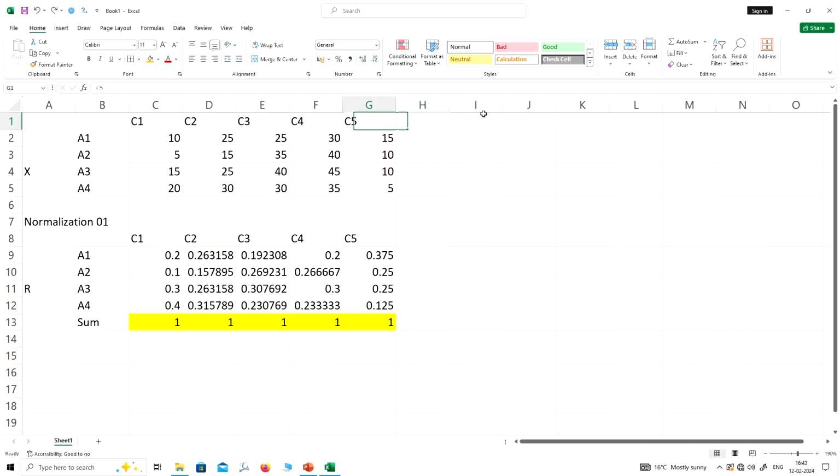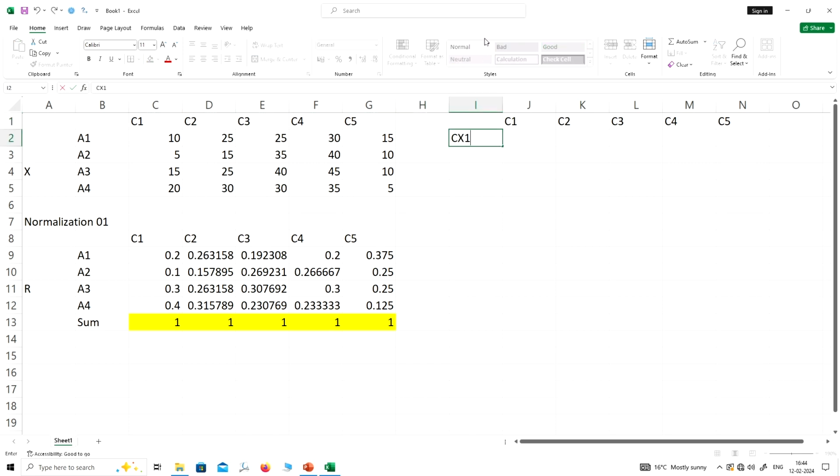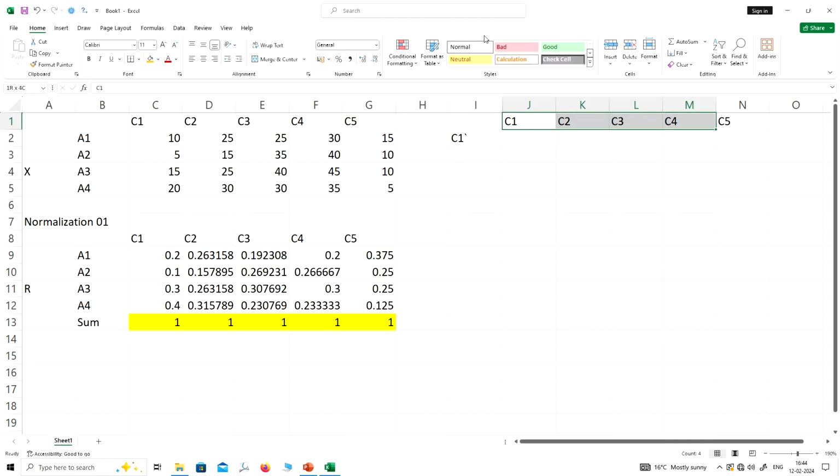So, let me consider the weight matrix. Here you have C1, let me remove this one cell onto the right.